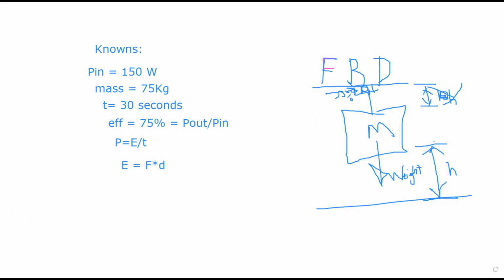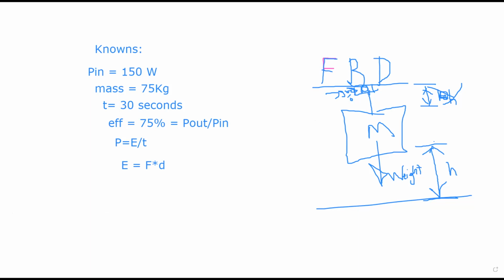We know P in is equal to P out plus P loss, but we don't know P out. P loss is the quantity wasted during the application. P out is the quantity actually applied to the task.